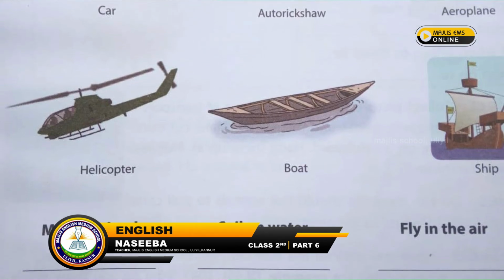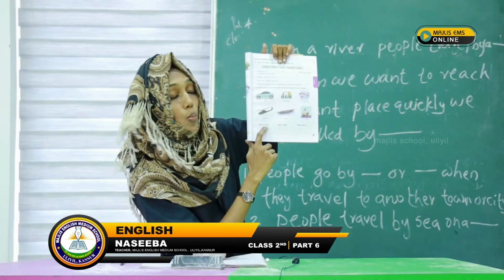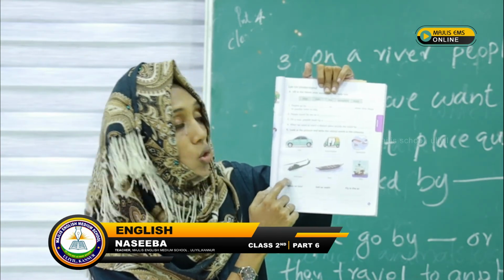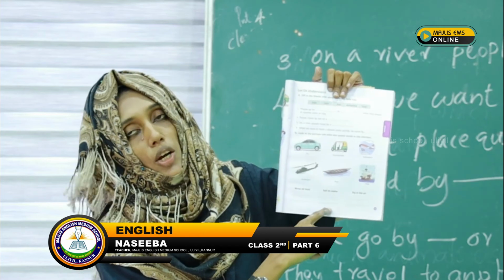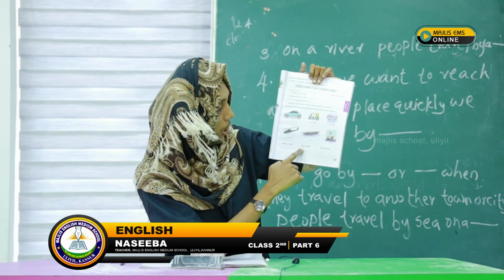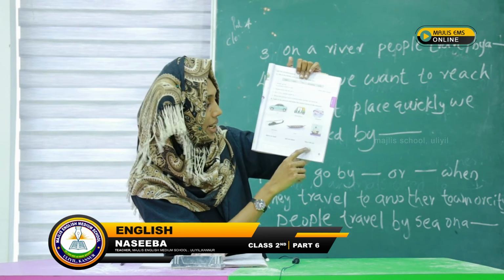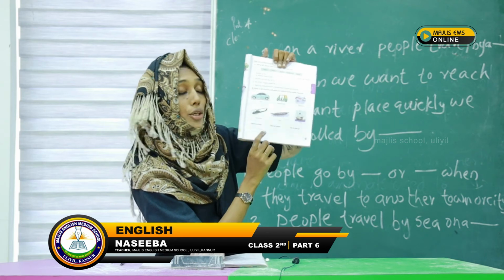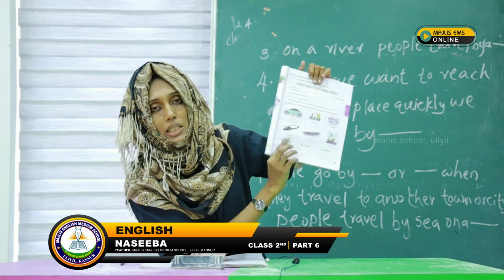Look at the bottom: move on land. From these, which vehicles move on land? Sail on water: which ones sail on water? And fly in the air: which ones fly in the air? Just fill it up in your textbook.